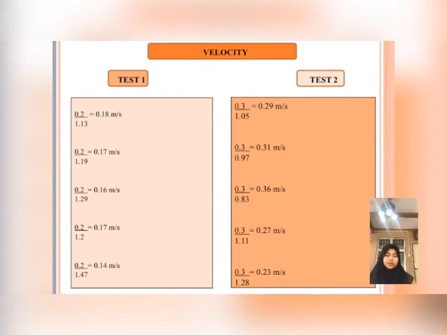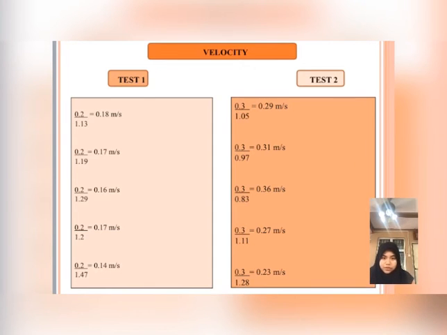Velocity for test 2 is, the height is 30 centimeters, so when we convert is 0.3 meter. 0.3 divide 1.05, the equal is 0.29. 0.3 divide 0.97, the equal 0.31. 0.3 divide by 0.83, the equal is 0.36. 0.3 divide 1.11, the equal is 0.27.